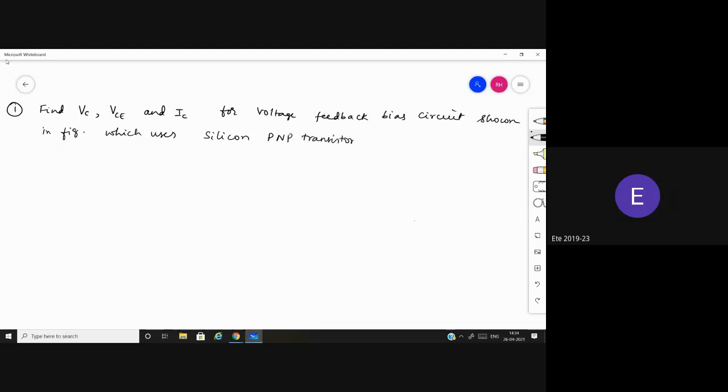See, all the time you are used to NPN transistor. So when it comes to PNP transistor, you should be careful.